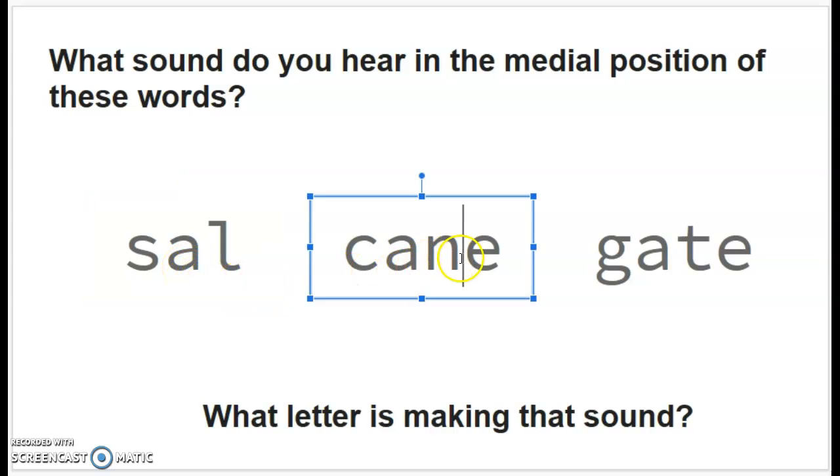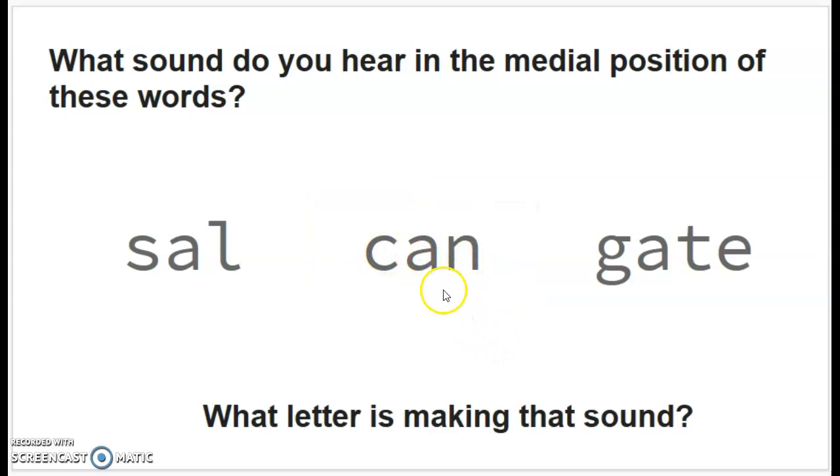Let's look at cane. K-ain. That sneaky E scared that A into saying A. But if we take away our sneaky E, k-a-n, can. Now our A says A. Let's look at the next word.